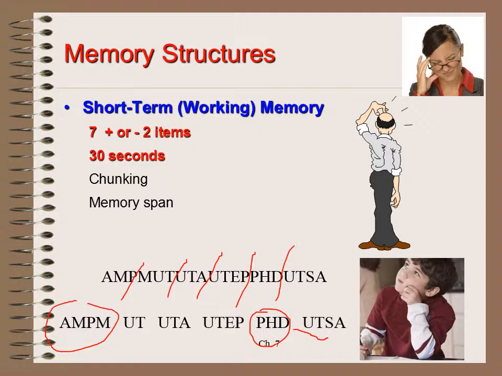The word in the middle there is PhD. I typically try to promote graduate work among our undergrad students, so there's your message. But anyhow, most of the students will probably remember the AM, PM, and usually the beginning and end of this sequence. Some of them will probably remember UTSA, and there'll be some other words that they remember, and they kind of bundle them up.